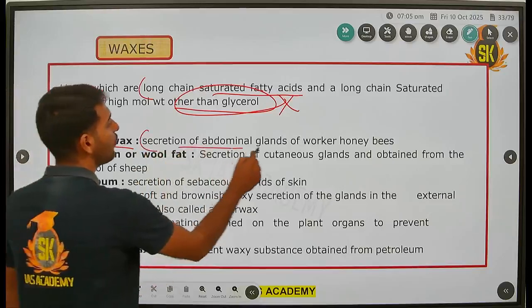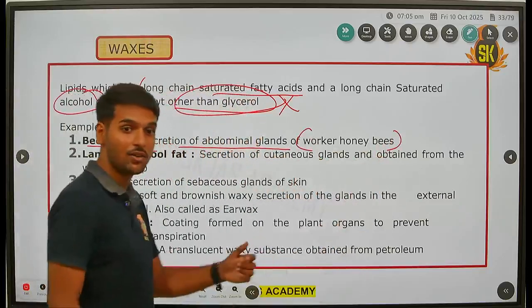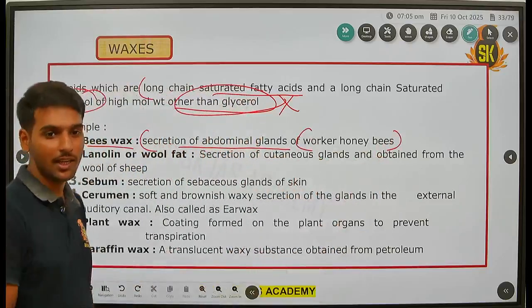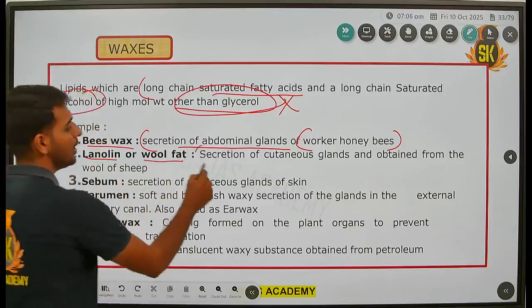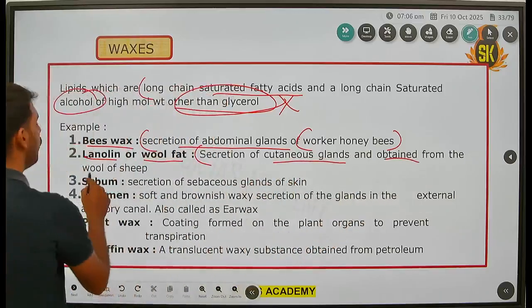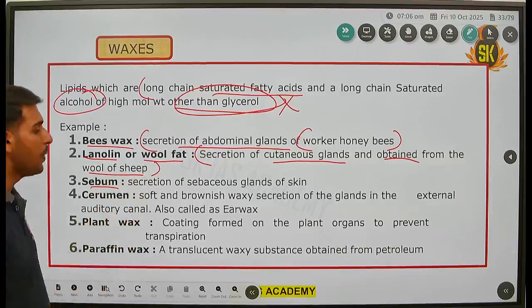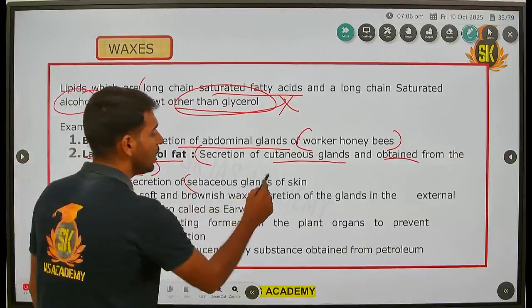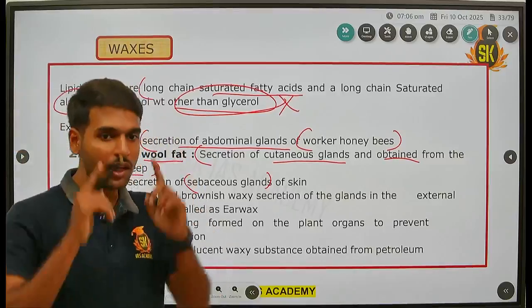It is a secretion of abdominal glands of worker honeybees. That is what we consume. Lanolin or wool fat, secretion of cutaneous glands, obtained from wool of sheep. Sebum, one of our own parts, secretion of the sebaceous glands of the skin. This sebaceous gland is mostly found on our faces.